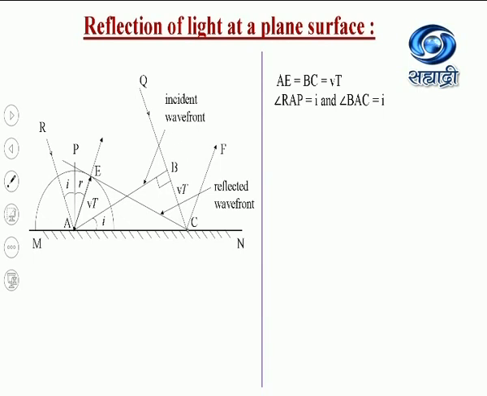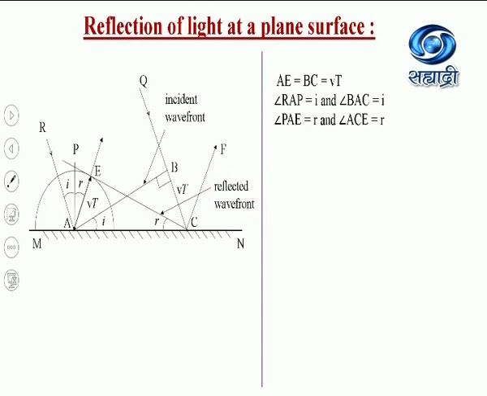Similarly, CE is perpendicular to AE and PA is perpendicular to AC, and therefore angle ACE is equal to R, which is the angle of reflection for the reflected wavefront. So angle of reflection is the angle between the reflected wavefront and the reflecting surface.